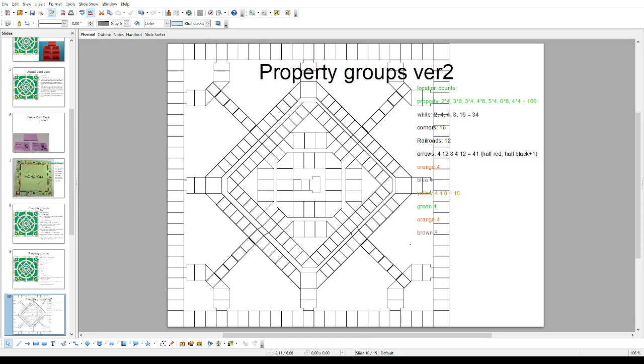Just, you know, more of a sketch of a board than an actual board. So this time, going to color things in.